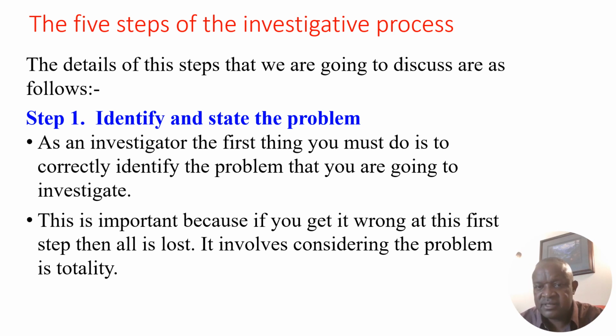What are we investigating? As an investigator, the first thing you must do is correctly identify the problem that you are going to investigate. This is important because if you get it wrong at the first step, then all is lost. It involves considering the problem in totality, in whole.